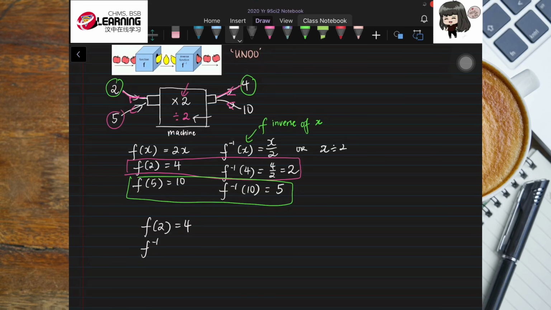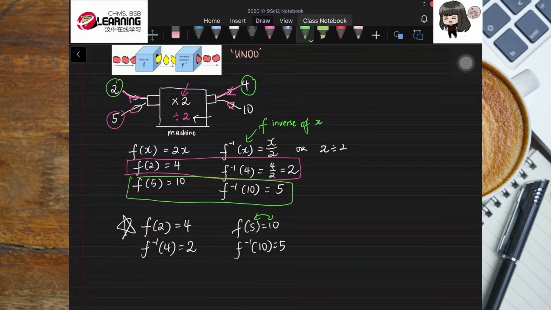Now if you inverse back from 4, you put in the 4, your output becomes an input now. So your output will become the 2. So it reverses back to the original input. Please take note of this. So we can write f of 5 is 10. Therefore, f inverse of 10 will be equal to 5.